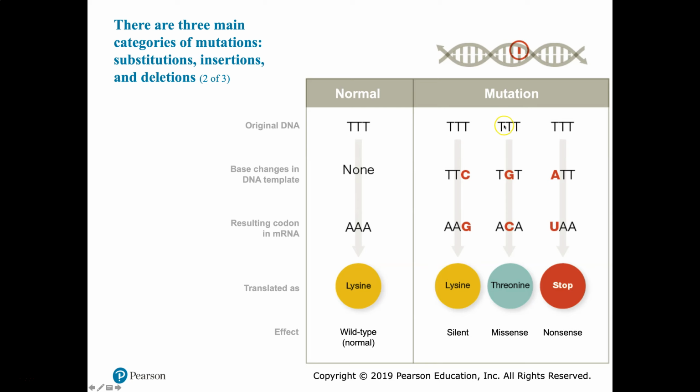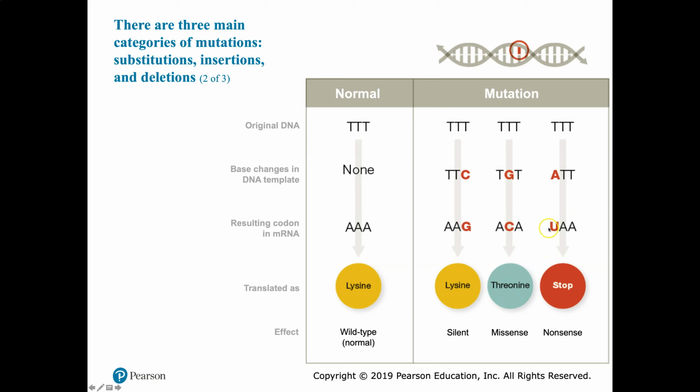If you have TTT, and all of a sudden that middle one changes to G, your mRNA sequence changes from AAA to ACA, and it codes for a new amino acid. That is called a missense mutation.